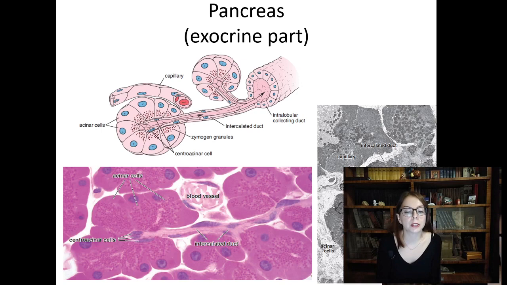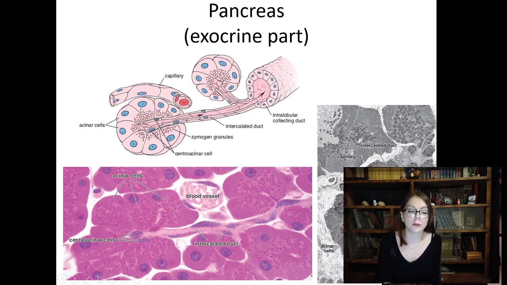In the previous lesson, we discussed large salivary glands, and you remember that they also had terminal portions and a duct system, and the terminal portions were of serous and mucous type. And in our pancreas, we also have those serous cells, which are called acinar cells. Acinus is the type of secretory portion, alveolar in shape.